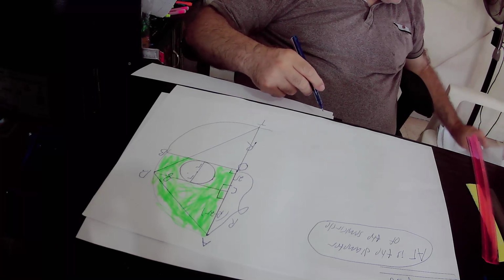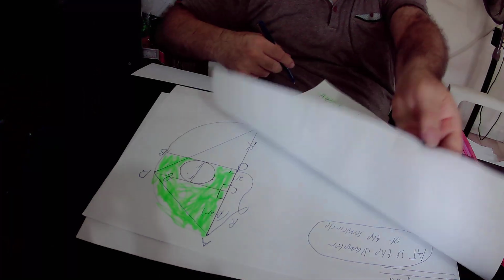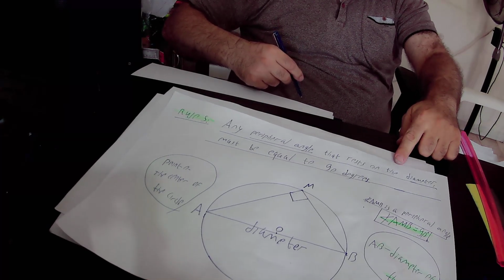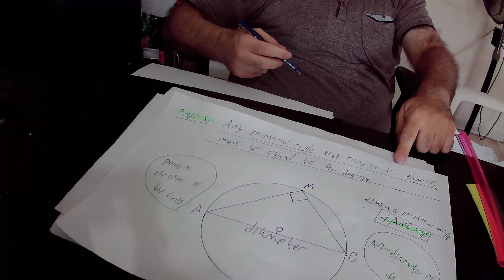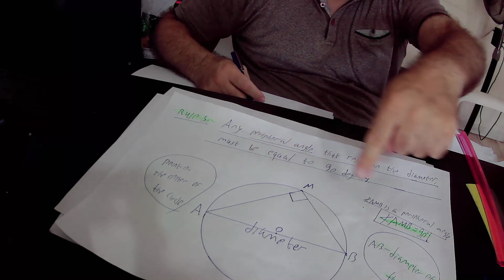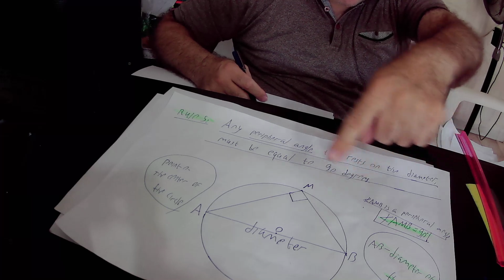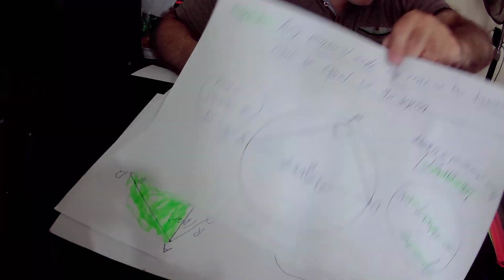And we have rule number 5. According to rule number 5, any peripheral angle that rests on the diameter of a circle or semicircle must be equal to 90 degrees. So here we have peripheral angle AMB that rests on AB, that is the diameter of this circle. Therefore, peripheral angle AMB equals 90 degrees according to rule number 5.